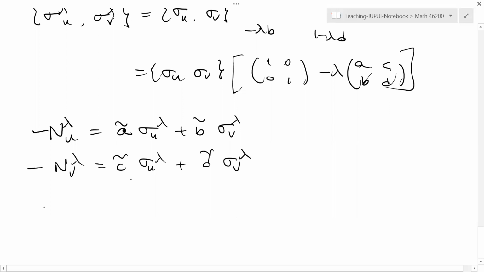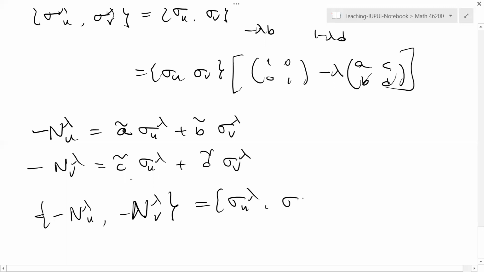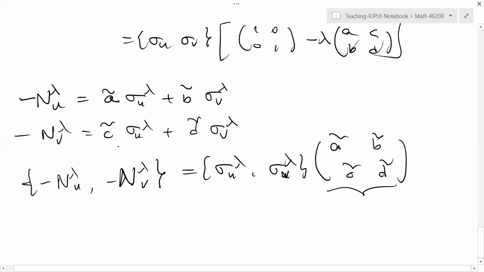So I'm going to express it in that way: negative n lambda u, negative n lambda v, and that is going to be sigma u lambda, sigma v lambda, and here's A tilde, B tilde, C tilde, D tilde. So this matrix, just like I showed you at the very beginning, contains all the information.